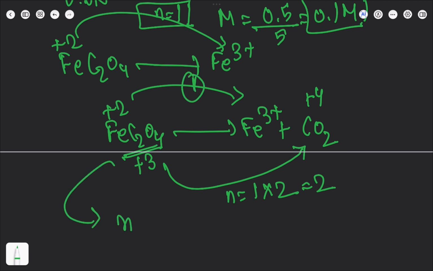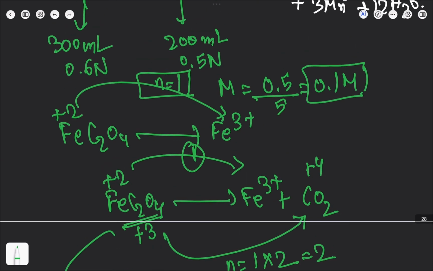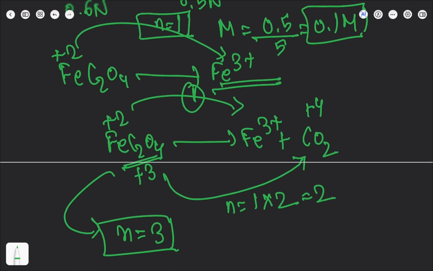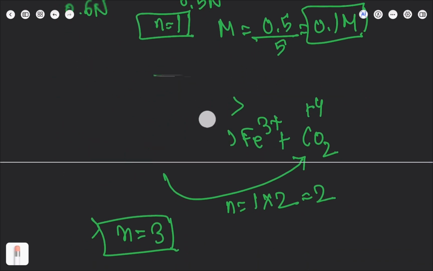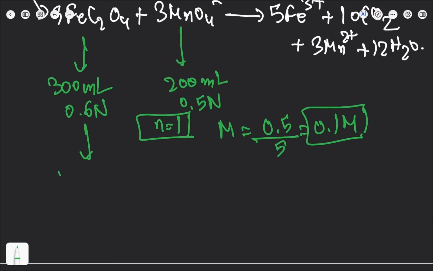So the net n factor for the oxidation part of the reaction would be 3. And here you had n is equal to 5. Since you've got both n factors, I can find the molarity, which would be 0.2 molar.